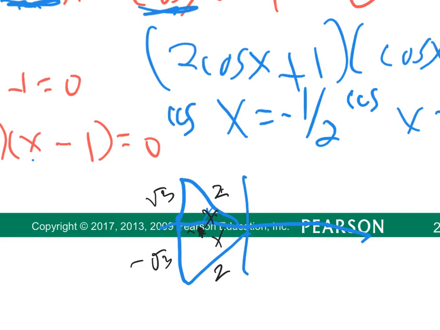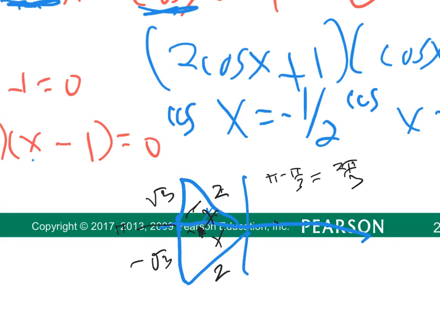What angle is across the street from the square root of 3? A 60-degree angle, because across the street from a 1 was a 30. So if this is 60, or pi over 3, and there's 3 pi over 3 until you get to pi, this must be pi minus pi over 3, which is 2 pi over 3.